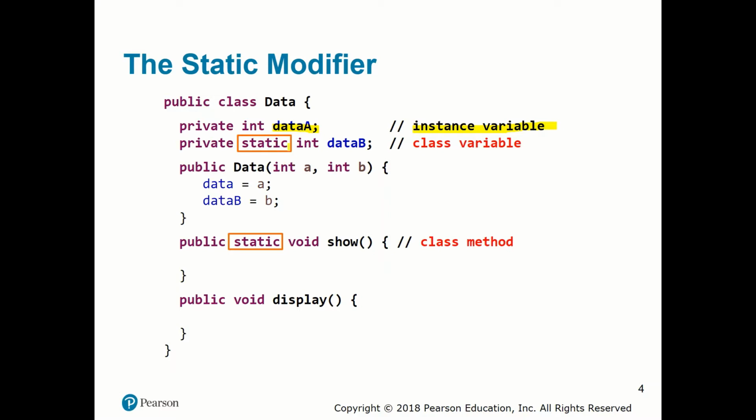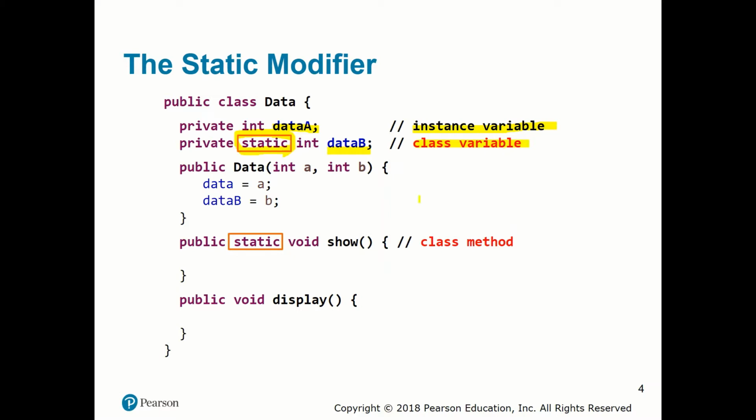And if you put static here, this time dataB is a static variable. It means that every object will share dataB. DataB is a class variable. I will explain it soon.